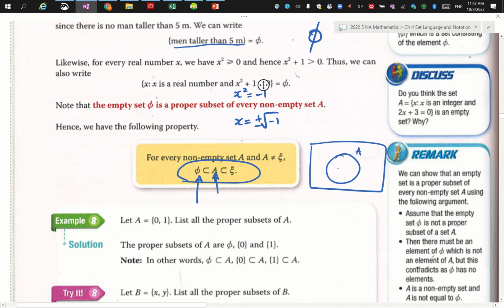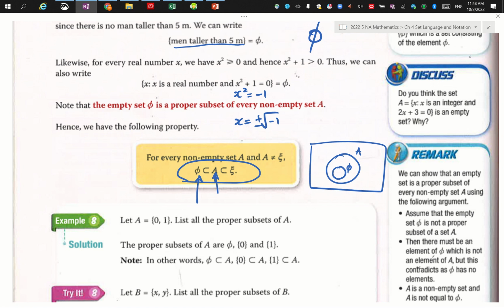But now I draw an empty set. Can I have an empty set inside set A? Can, of course. It is an empty set. There's no element inside. I can place my empty set inside any set. Don't worry about it. It's empty. It doesn't affect anything. So an empty set is always found inside any set.